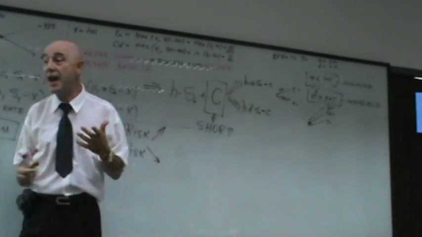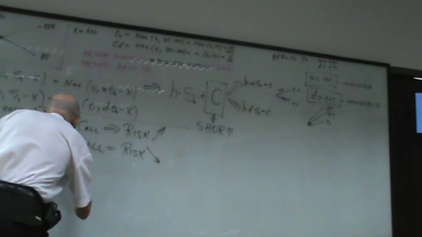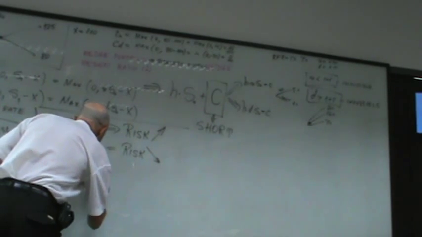And now let's see what happens. Let's do this. The value of our portfolio, which is H times S0 minus C.